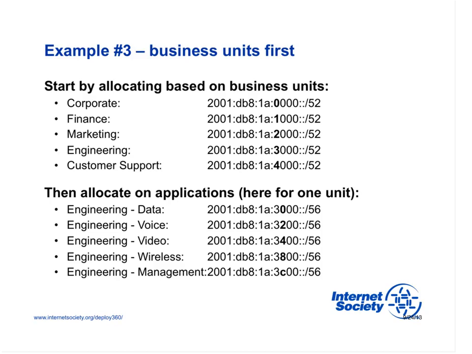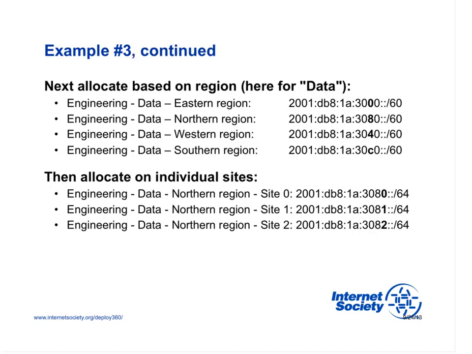Then I might go on and have regions, and then I could wind up with individual sites. So I would have 16 different possible individual sites or individual networks, LANs, that are in the northern region that is part of the data part, which is part of engineering. You can see you could go to all sorts of different lengths, depending upon how you want to do this.